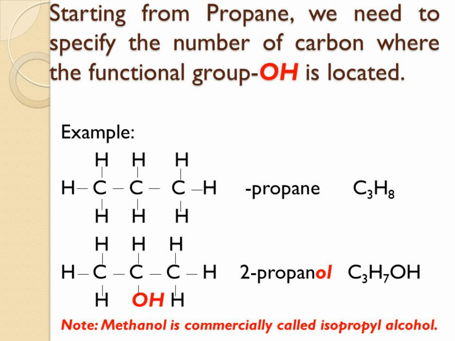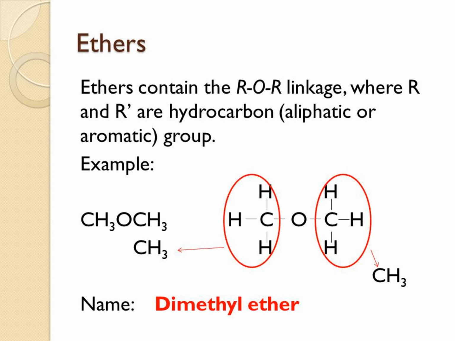Why 2? Because the hydroxyl group OH is attached to carbon 2. So 2-propanol is commercially called isopropyl alcohol. It is the presence of the hydroxyl OH that makes a hydrocarbon an alcohol.